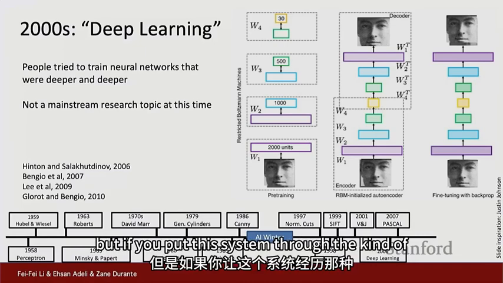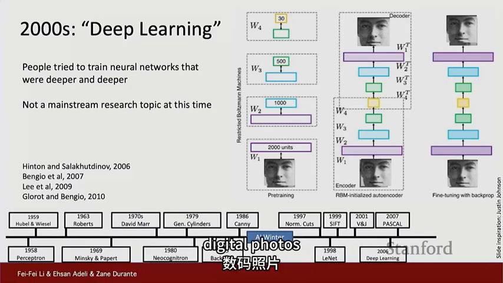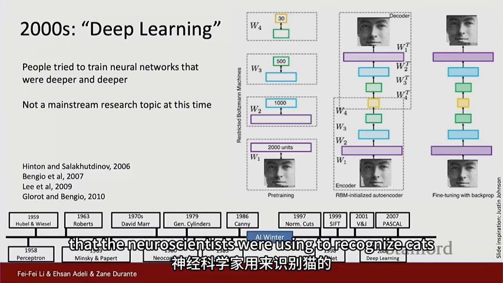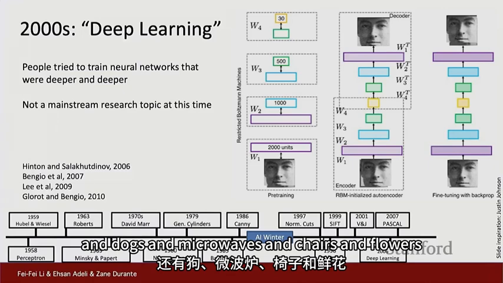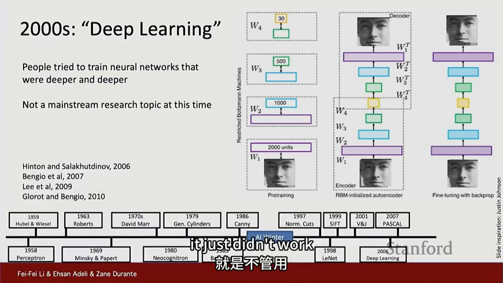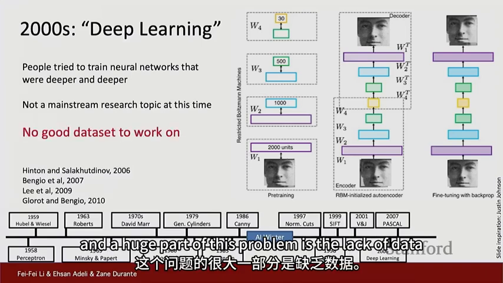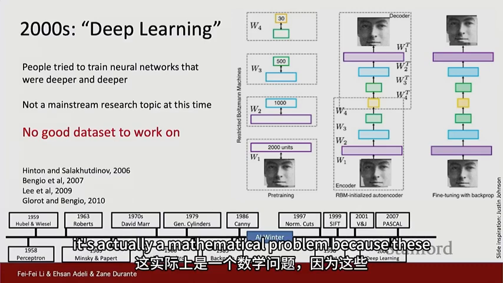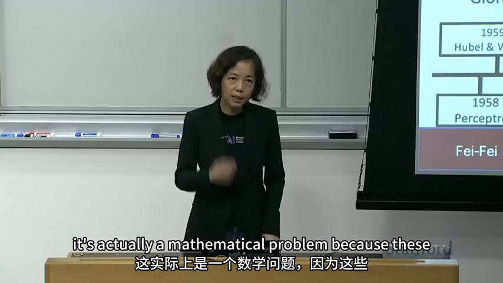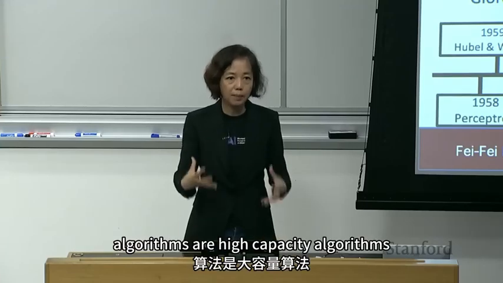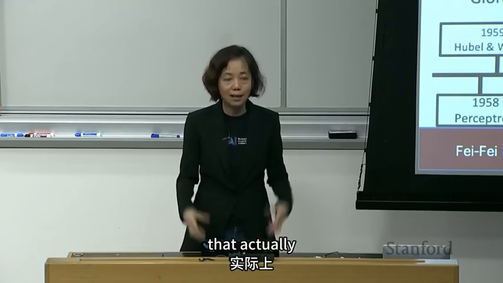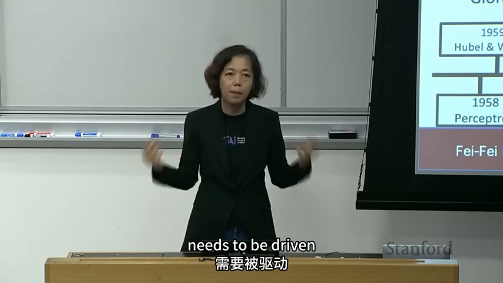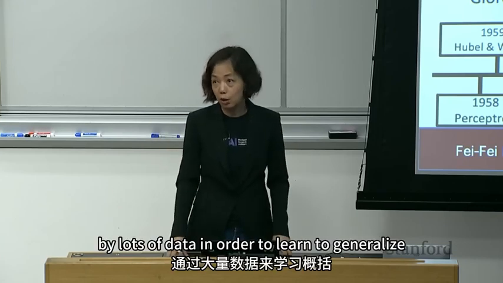But if you put the system through the kind of digital photos that the neuroscientists were using to recognize cats and dogs and microwaves and chairs and flowers, it just didn't work. A huge part of this problem is the lack of data. And lack of data is not just an inconvenience. It's actually a mathematical problem, because these are high capacity algorithms that need to be driven by lots of data in order to learn to generalize.